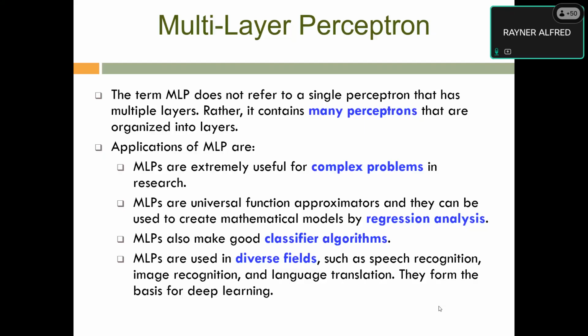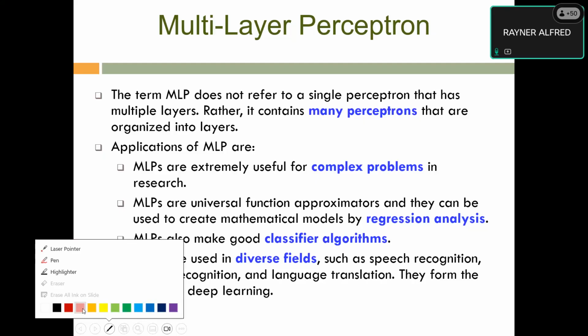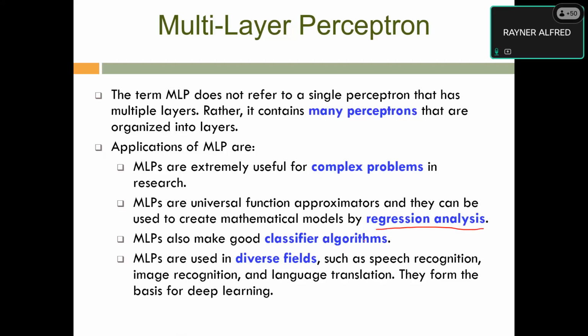So this can be used to treat nonlinear problems. Multi-layer perceptrons are extremely useful for complex problems, so they call it multi-layer perceptron. Okay, and they can be used both for regression analysis and also classification algorithms.